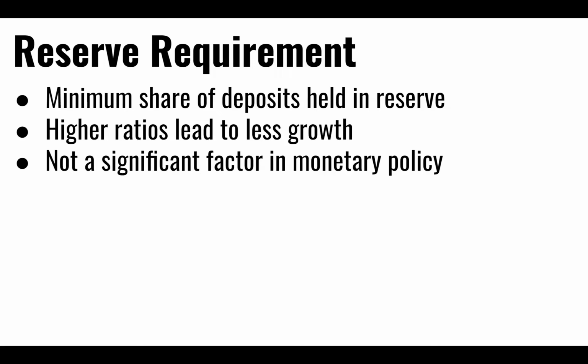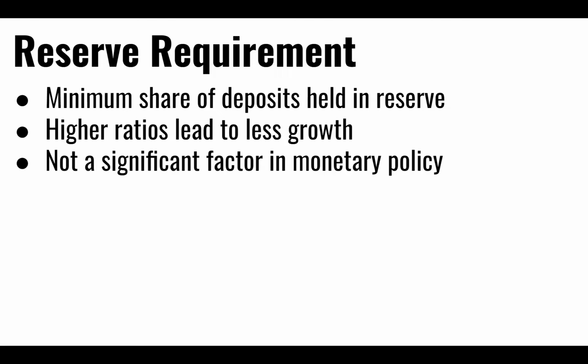The higher the reserve requirement, the more money the banks had to hold within their vaults, and the less money they could lend. So the higher the reserve requirement, the less money supply could grow. That was one way that the Federal Reserve could keep the money supply under control. It's not really an important factor in today's monetary policy, however, because the reserve requirement is zero.